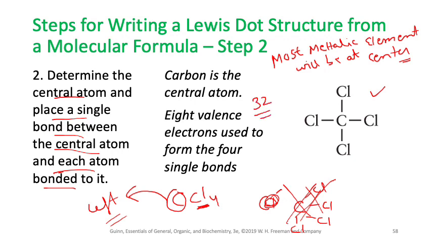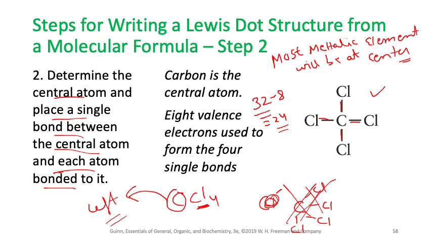To make the single lines, how many electrons did we already use? We used 8 electrons. So how many are left now? 24. So now we have to see how we can place the 24 electrons on this molecule. And remember, we cannot use more than 32 or less than 32 to make this molecule. We have to use exactly the total number of valence electrons that we calculated.